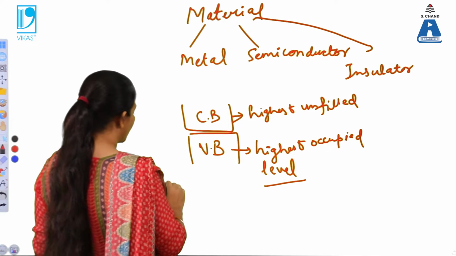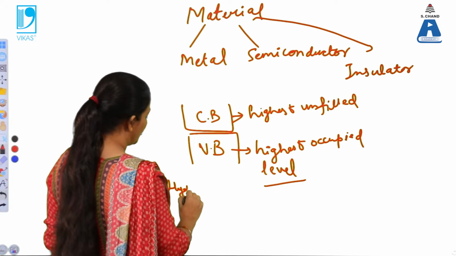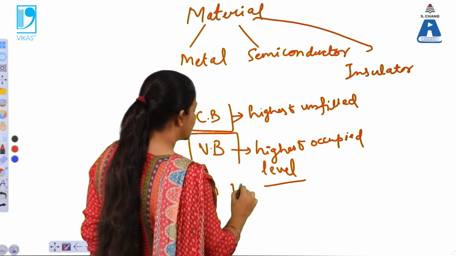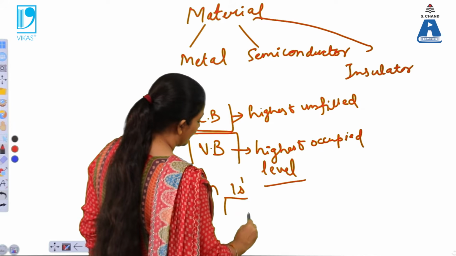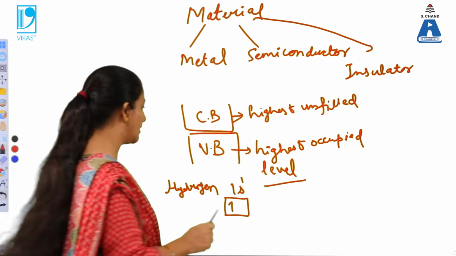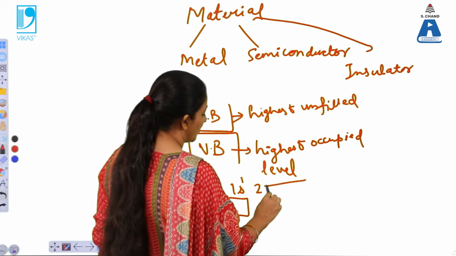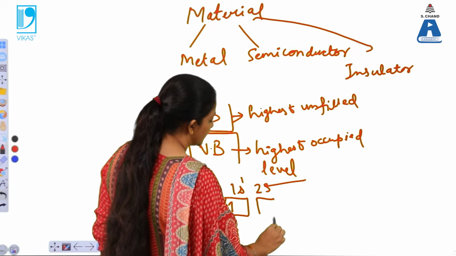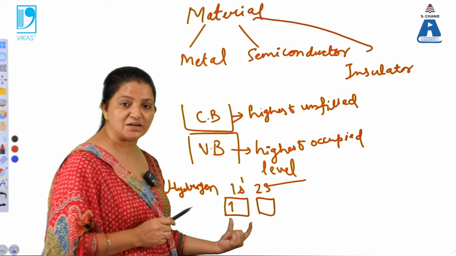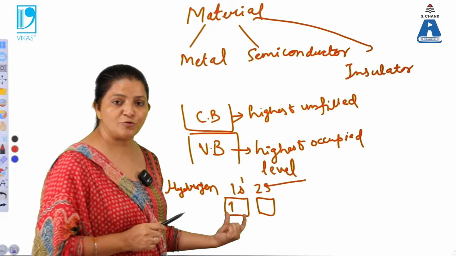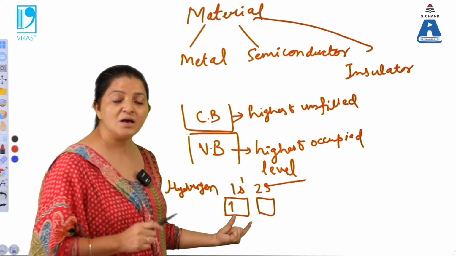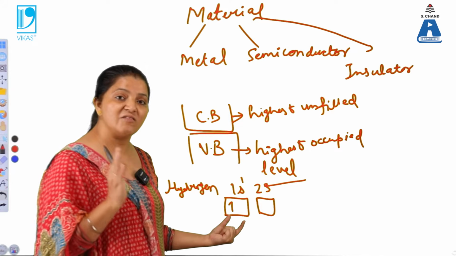For example, if we take hydrogen, the configuration of hydrogen is written as 1s1. That means it has only one electron in its s orbital. Now when we consider 2s, it has zero electrons. So the 1s1 orbital is known as the valence band for hydrogen, the highest occupied band by the electrons in the given material.